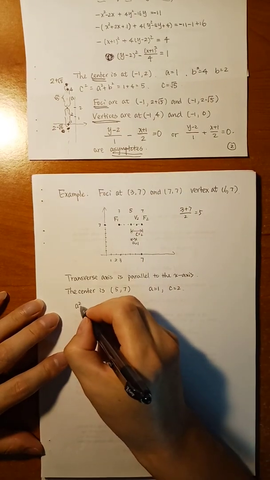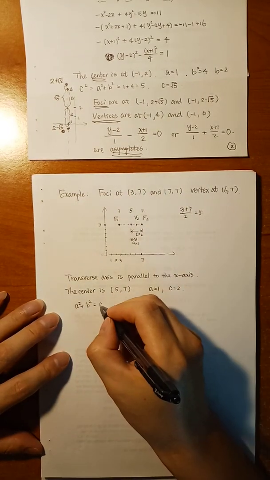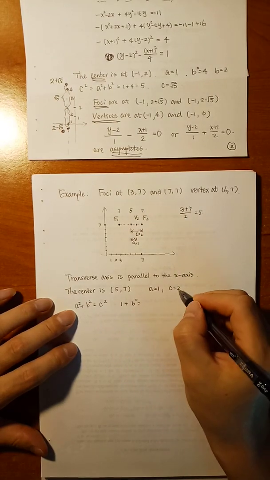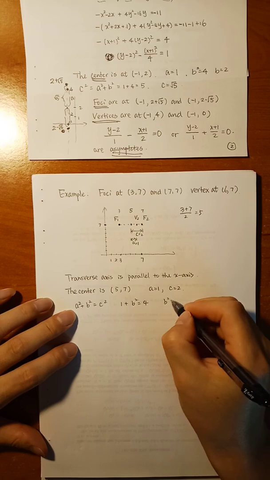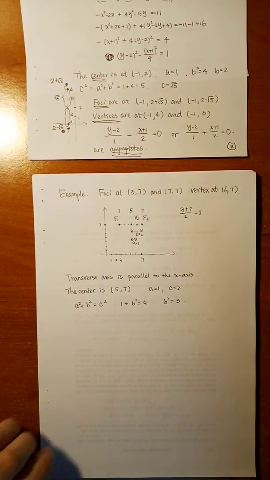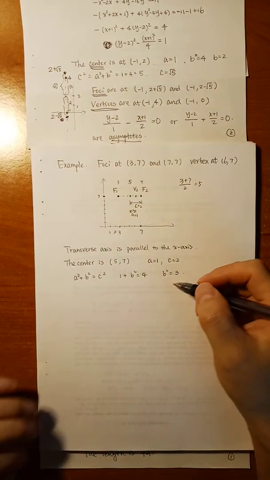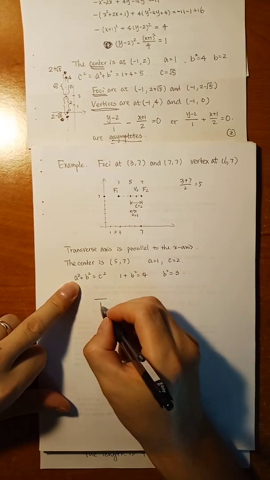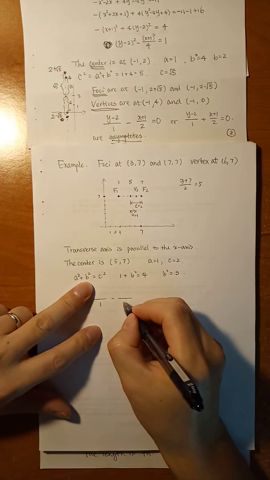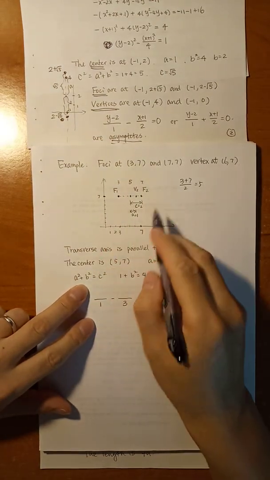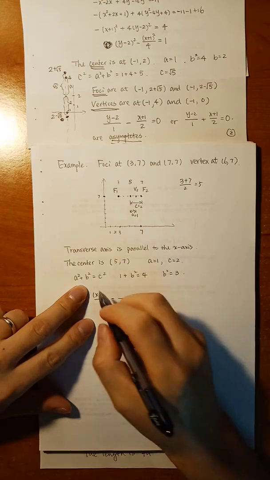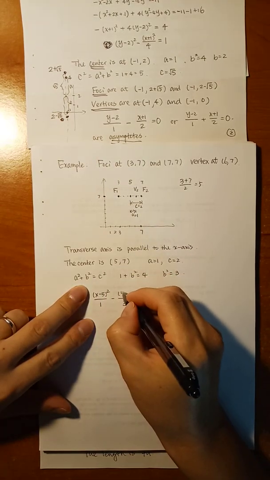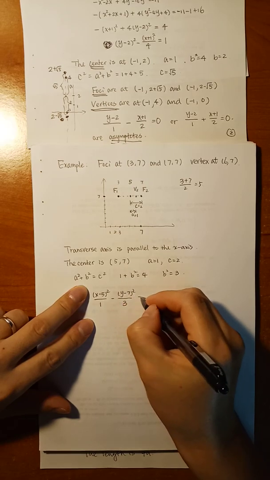A squared plus b squared is equal to c squared. So it's 1 squared plus b squared is equal to 2 squared. So b squared is equal to 3. Good. Now let's write down the equation. A squared comes first, 1, minus b squared comes second, 3. And because it's horizontal, x comes first. x minus 5 squared minus y minus 7 squared over 3 is equal to 1.